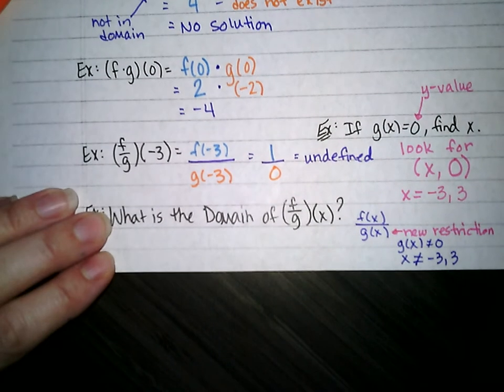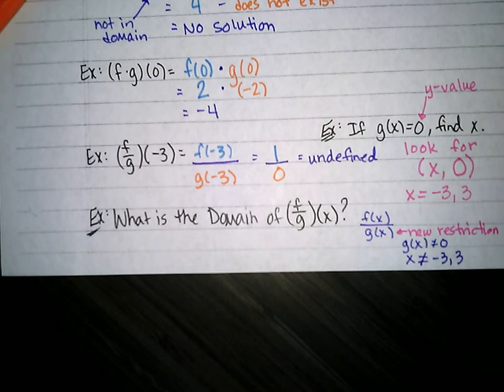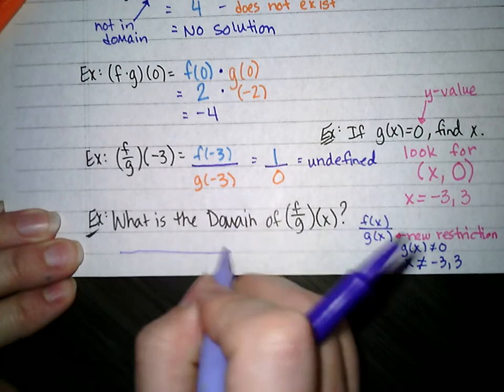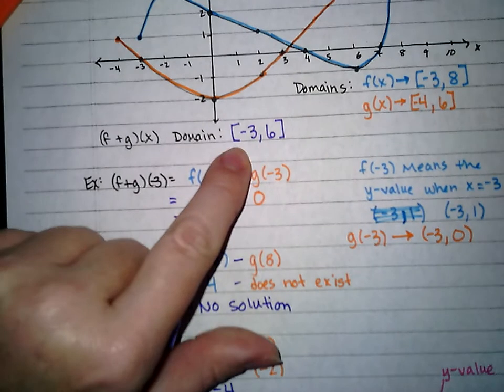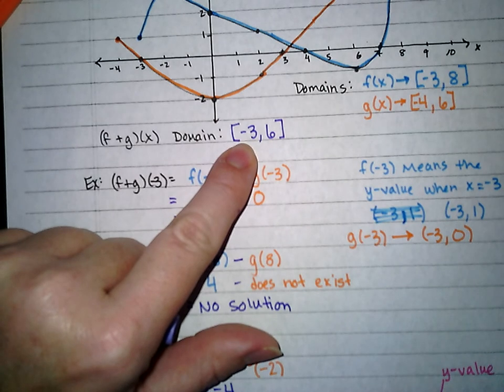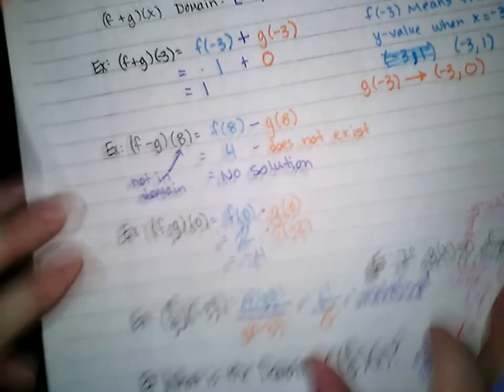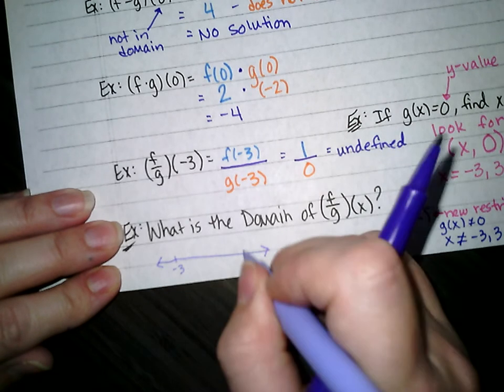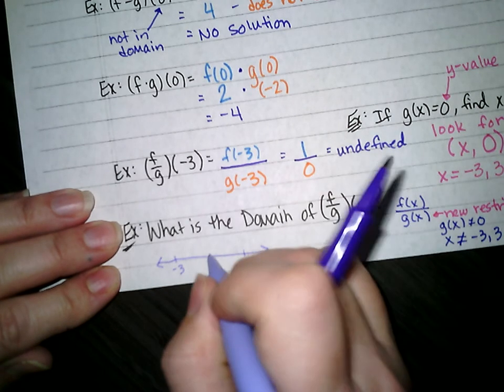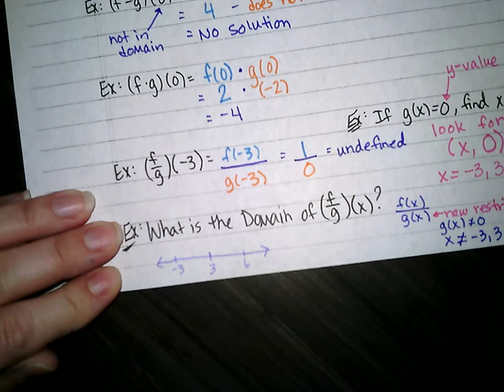So let's look at that combined with the domain that we had already restricted. So our combined domain was negative 3 to 6. So negative 3 is important, 6 is important, and now 3 is also important. So let's get all of those on there.